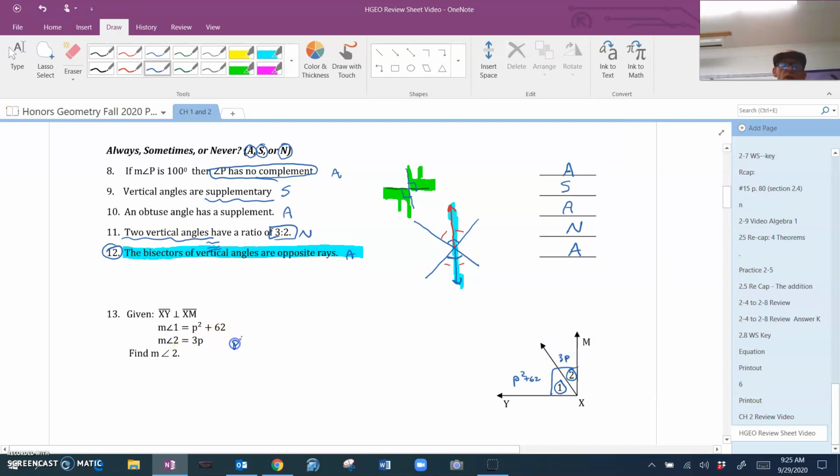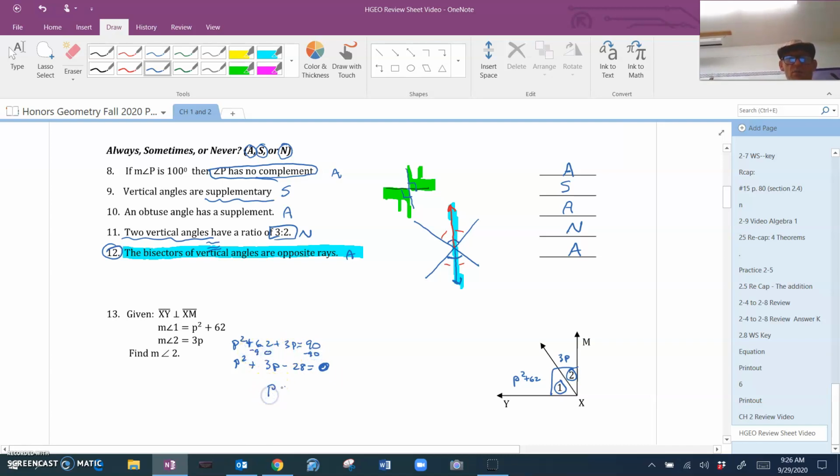So p squared plus 62 plus 3p equals 90. Well, that's a quadratic, so p squared plus 3p minus 28 equals 0, because I subtracted 90.